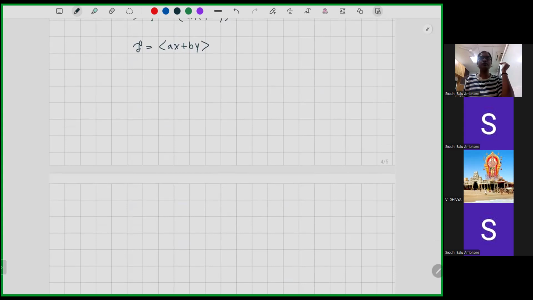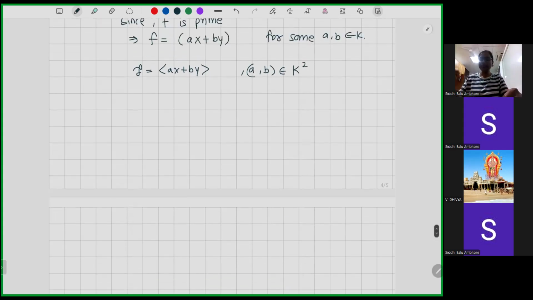Here a, b are from k, so I can write (a, b) in k^2. Note that (a, b) is not (0, 0) because the height of P is 1. If it is (0, 0), then the height of P becomes 0, because 0 is a prime ideal in k[x,y].